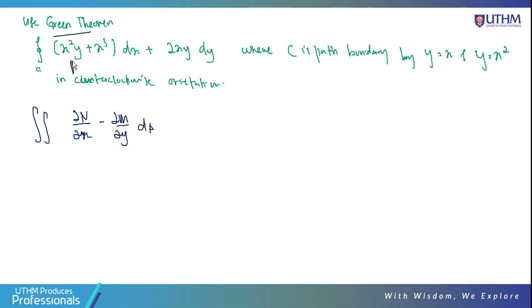So know this one is M, this one is N. So solve the double integral first. N with respect to x: you take the partial derivative, so it leaves 2y. So this one leaves 2y.